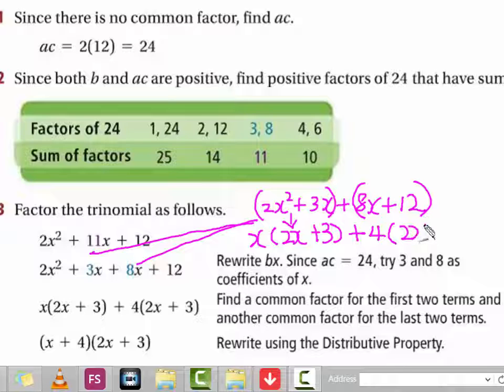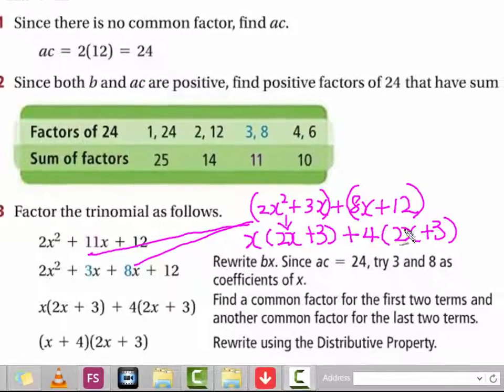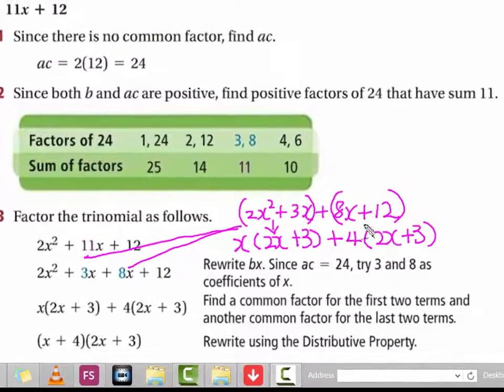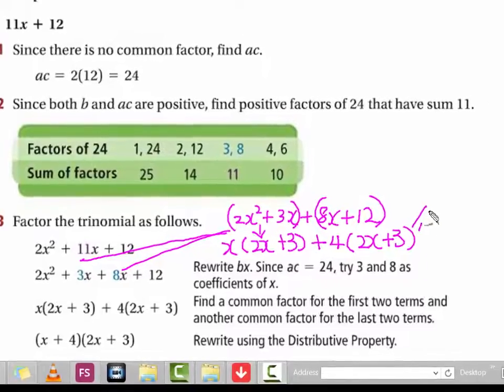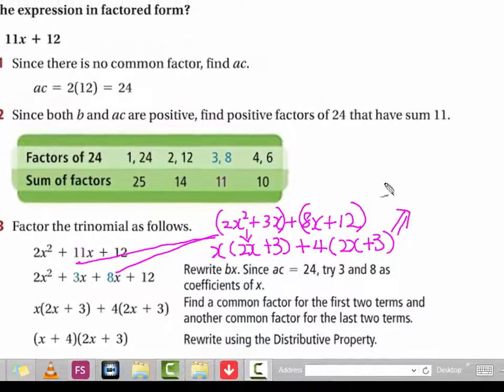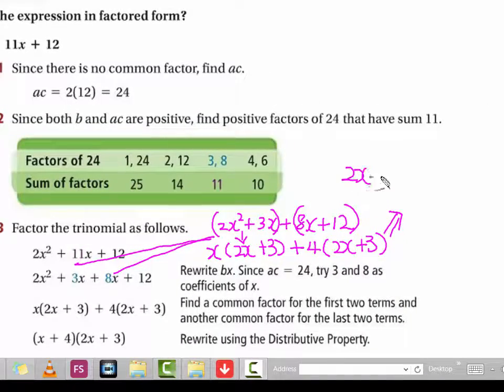Then we have 2x plus 3. Now we get a common factor for these two expressions. We do the reverse distribution this time by changing it to, this is the common factor, we factor it out, 2x plus 3, and then x plus 4, and this is the answer.